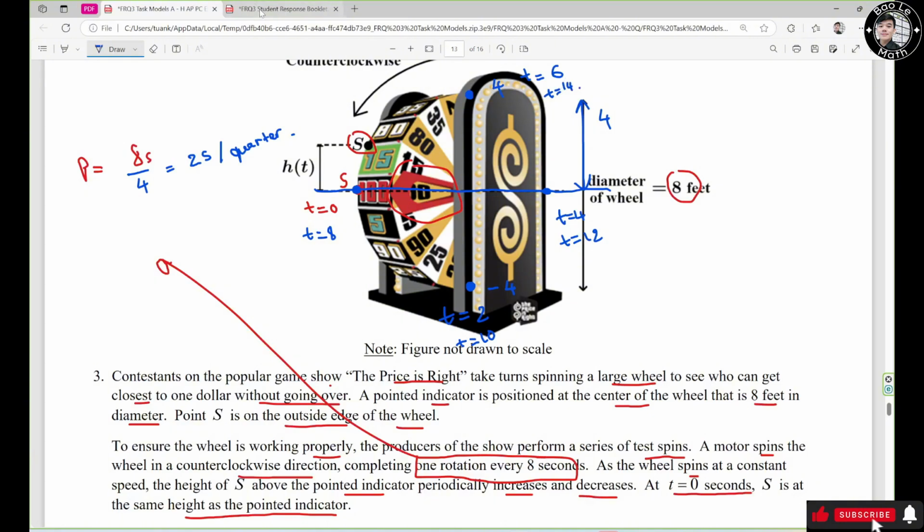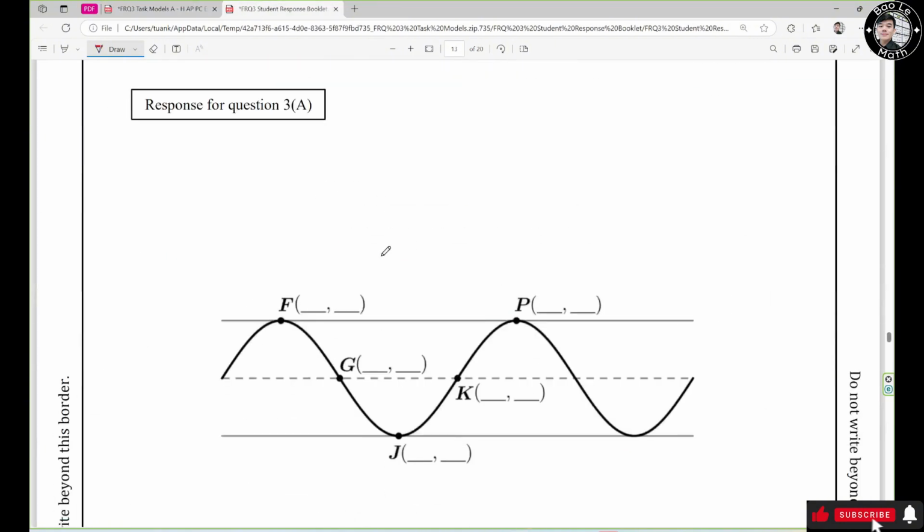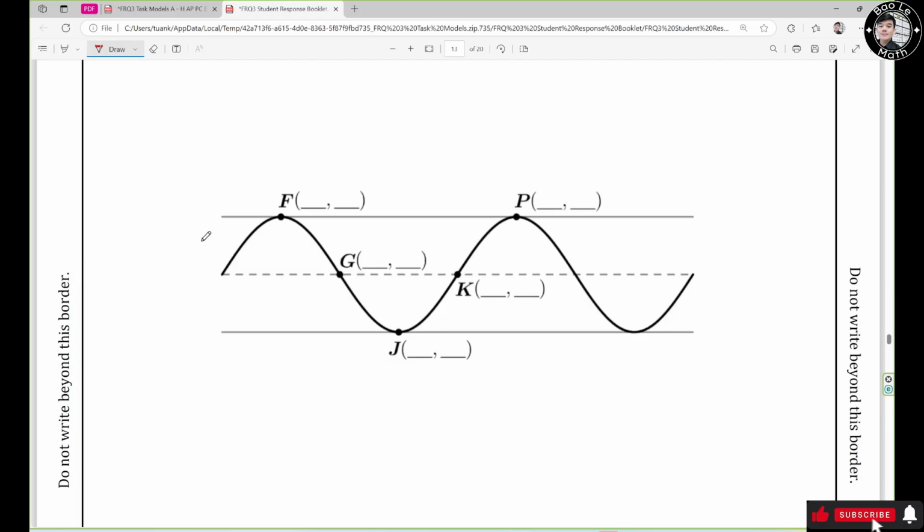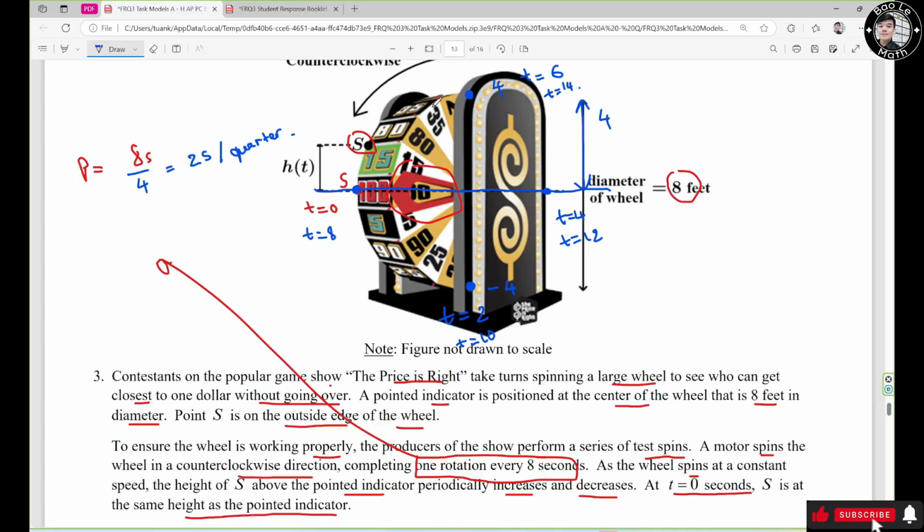Now we go over here. We need to complete the graph. We know that the maximum is 4, the minimum is negative 4, and the midline is 0. So we just put the y values over here: 4, 0, 0, and negative 4. Now this one is the highest point, and we know that we start from here, where t equals 0.